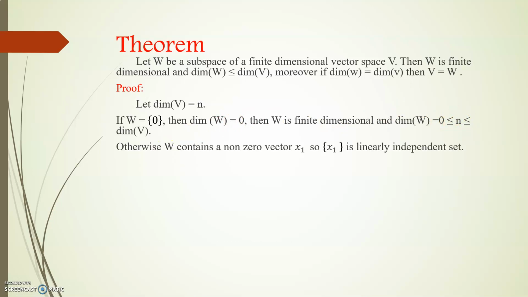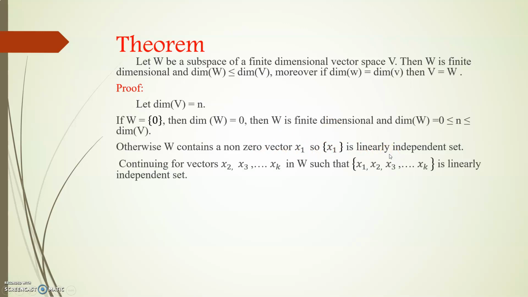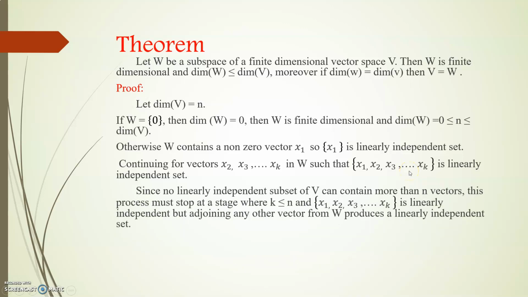Otherwise, W contains a non-zero vector x1, so {x1} is a linearly independent set. Continuing, we choose vectors x2, x3, etc., xk in W such that all the vectors up to xk form a linearly independent set.